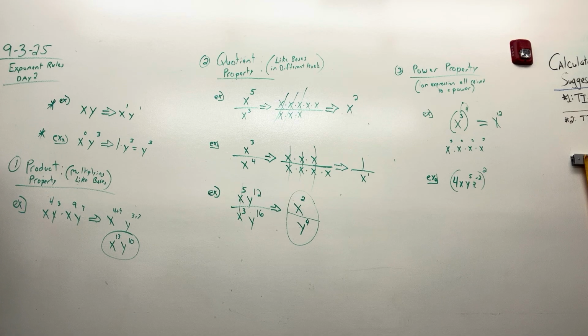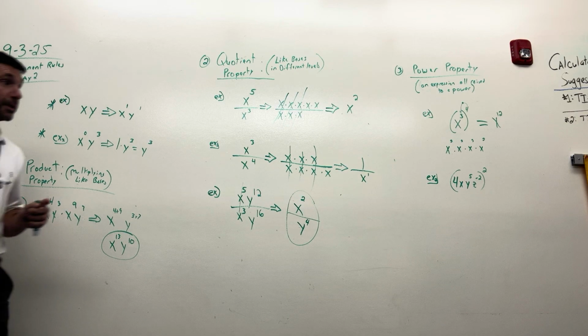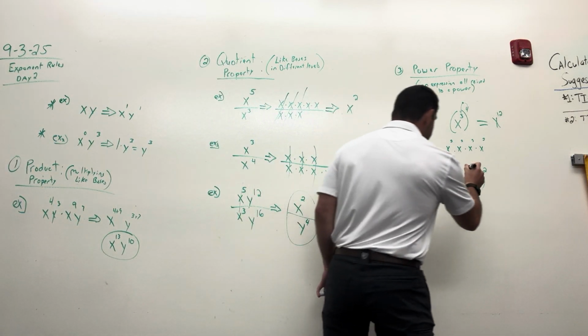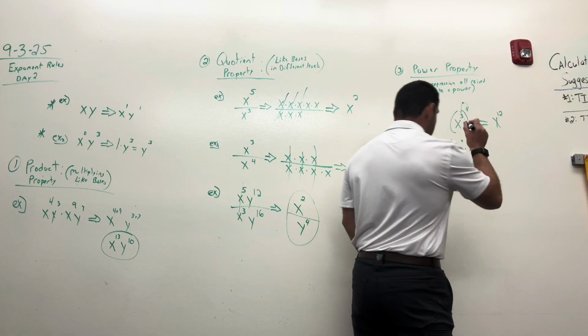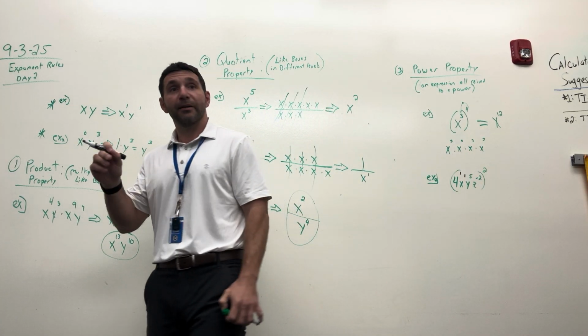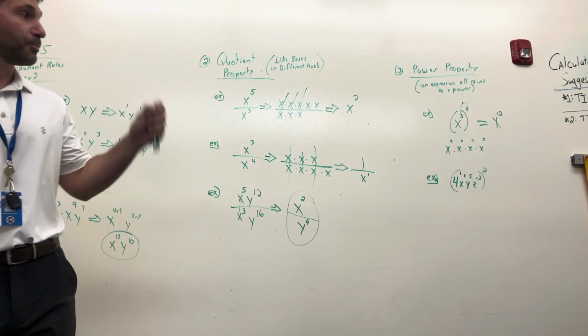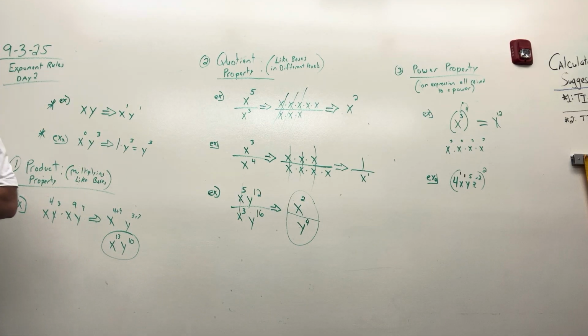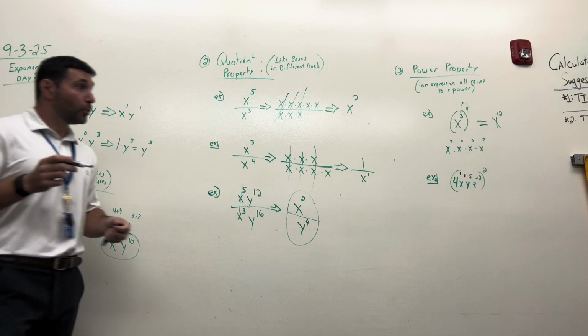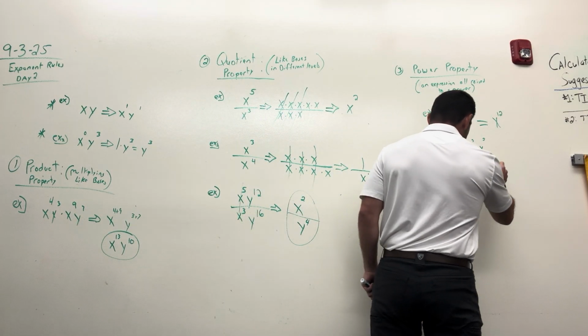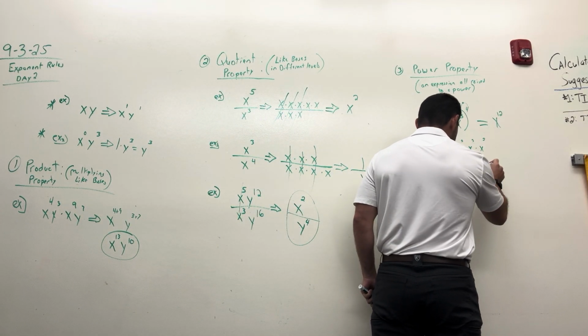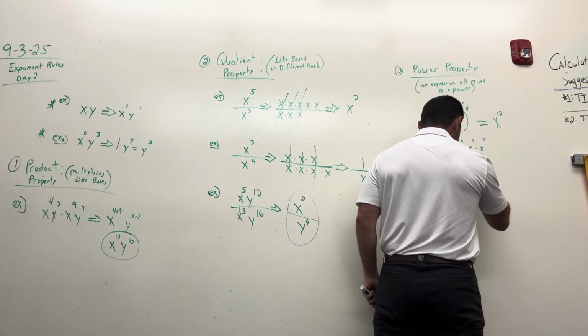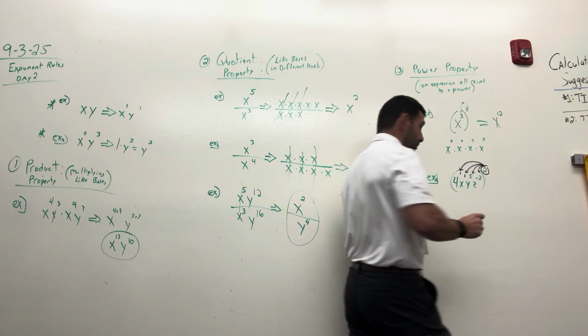X doesn't have a 1, but neither does the 4. When we have a power raised to a power, everything needs to have an exponent. Everything does. Because we are taking this power and we are multiplying it to every exponent.